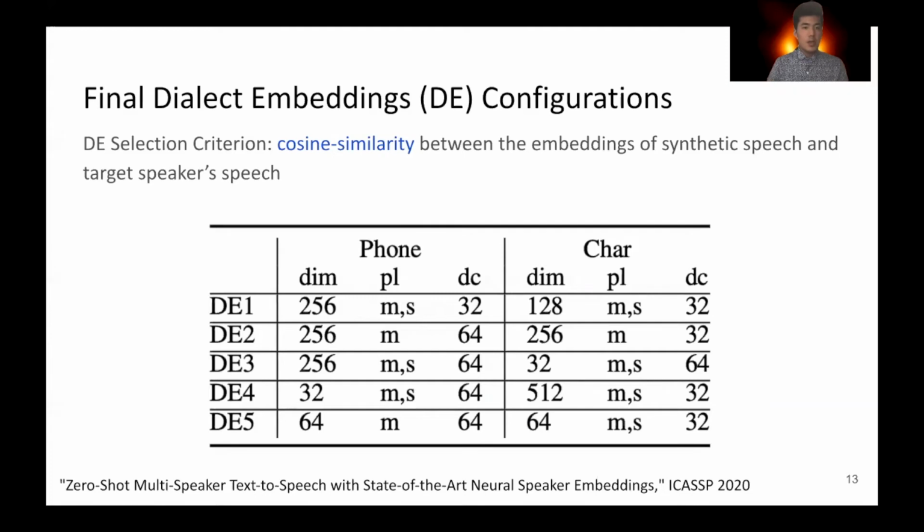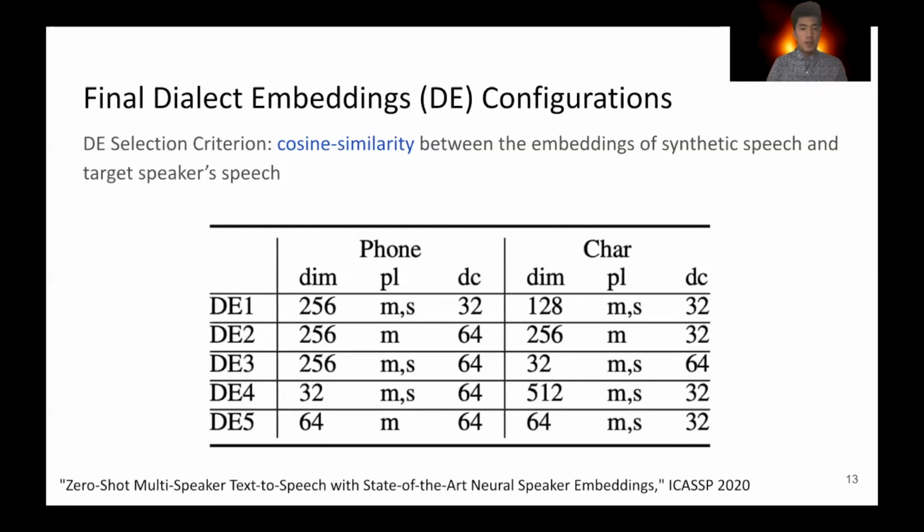And the selection criterion is based on the cosine similarity between the embeddings of the synthetic speech and that of the target speaker speech. So by this selection criterion, we selected 5 dialect embeddings for the Tacotron 2 model with phone input, and another 5 embeddings for the Tacotron 2 model with the character input. And here we present the configurations of those dialect embeddings.